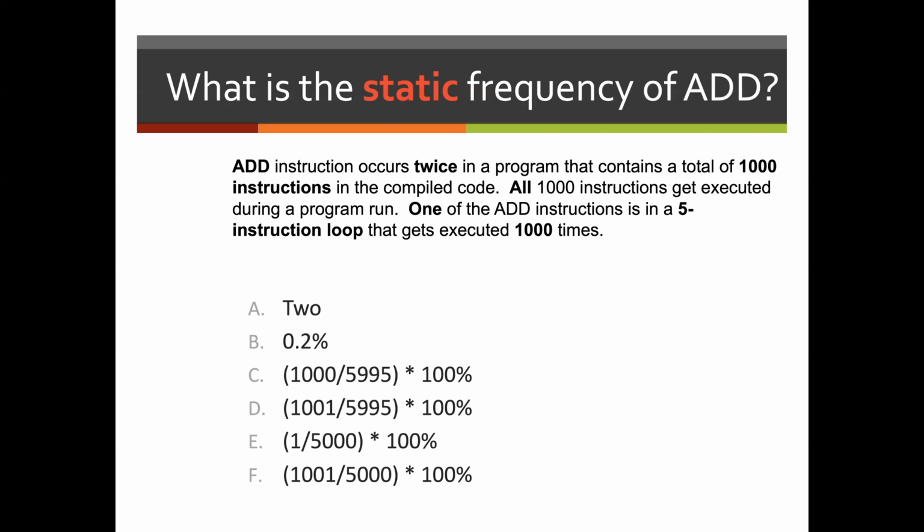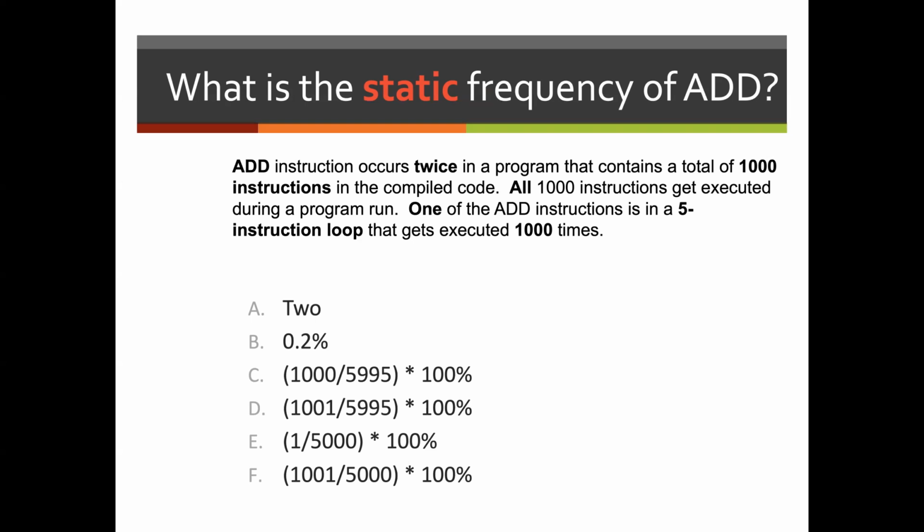Some things we want to keep in mind: what is the memory footprint of the program? The memory footprint that we're given is 1,000 instructions. And so how many adds do we have?